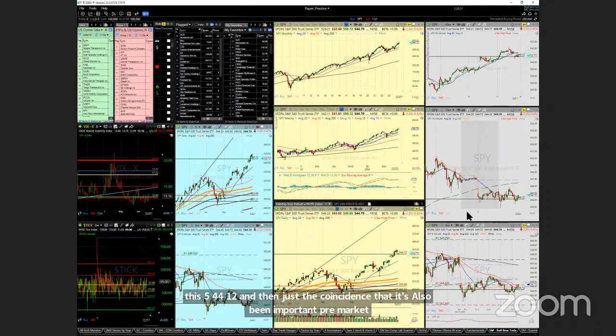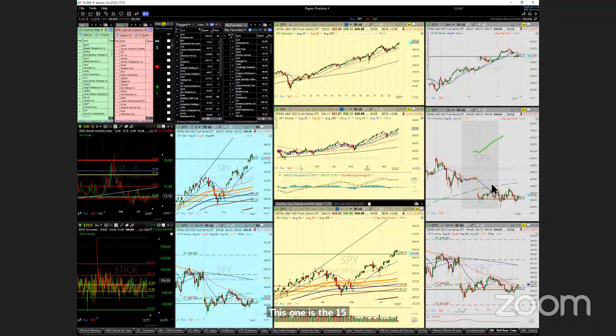What time frame is this one? This one is the 15. Okay, and this one is the 5 down below it. Yeah, this is the 5. Just as I'm looking at your charts, I look at these and say, okay, this is in a trading range, directionless.